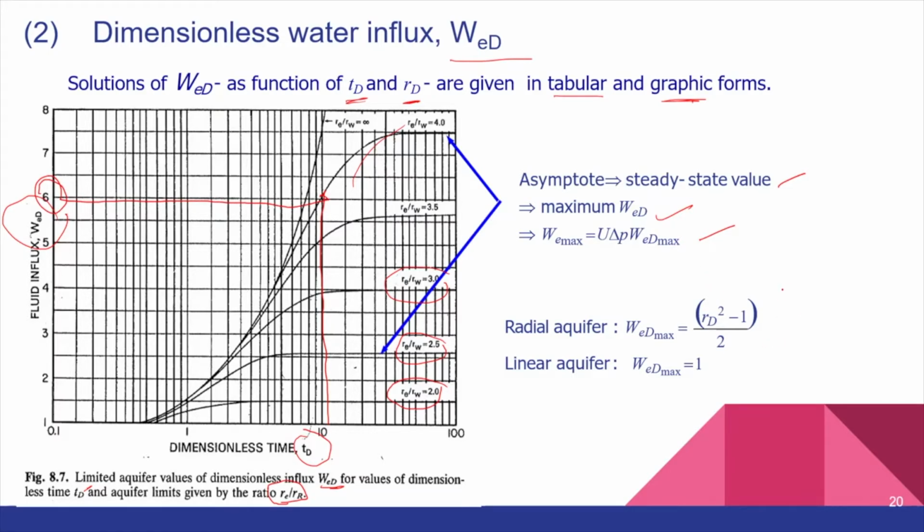So for radial aquifer, the maximum WED is (Re over Rw) squared minus 1 over 2. And for the linear aquifer, the WED max will always be 1. This is because your Re over Rw is the same value because there's no radial angular radial. So that's why for linear, it's always 1.